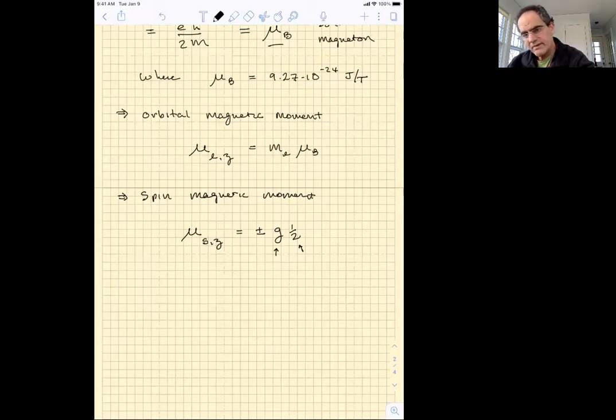It comes from solving this problem relativistically because the electron spin has to be treated relativistically. And the simplest theory gives a value for g of g equals 2. So in fact, the contribution from the spin is plus or minus mu B.